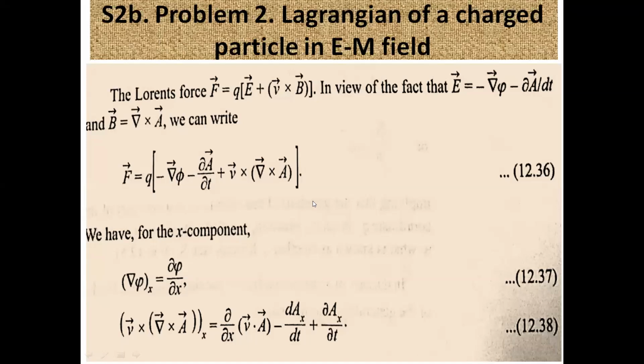And similarly, for the vector triple product v cross del cross A, the x component of that will be what I have written in equation 12.38. These are fundamentals, so I will not harp upon them. I will move now to the next slide, the sixth one, which has been named S3.